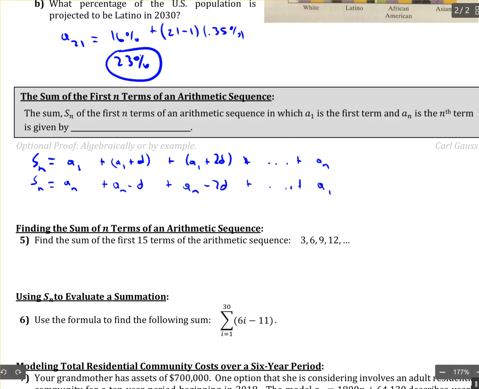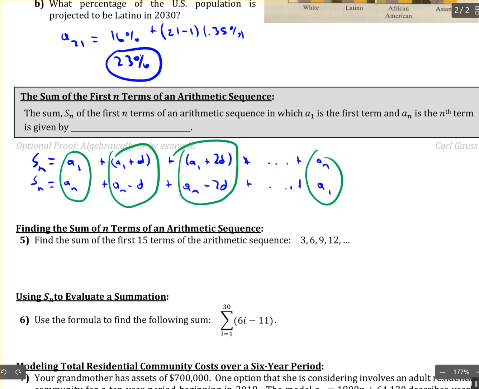Now notice, if we add these two together, on the left side I get 2S_n. And on the right, I get A_1 plus A_n, and then I get d minus d, so I get another A_1 plus A_n.